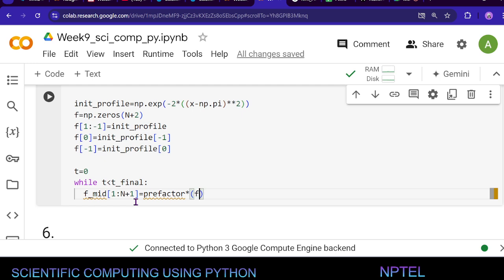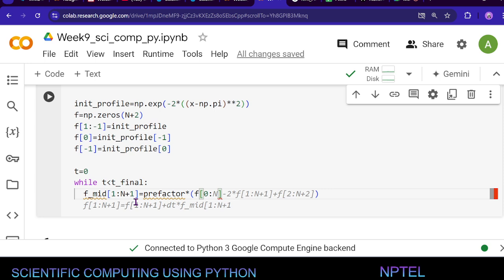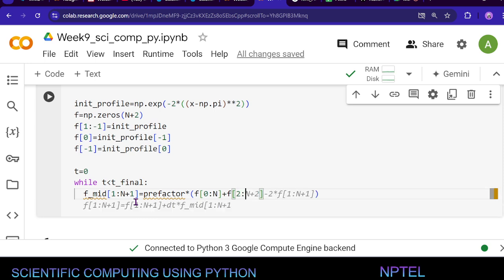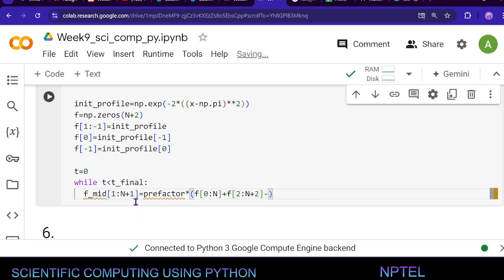And how do we estimate this? Well, it's f of 0 to n. So this is the left neighbor for each element. Okay, so we are doing the vectorization. Then f of the right neighbor, which will be from 2 to n plus 2, and minus 2 times f of itself.